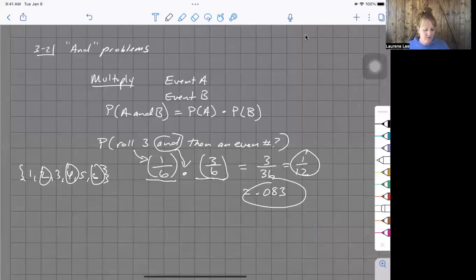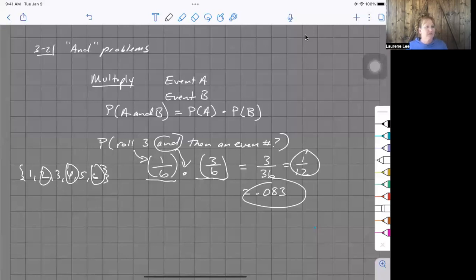For example, if I just ask the probability of rolling an even number, that's 3 out of 6, which is 50%. But because I add the constraint of "and roll a 3," my probability goes down to about 8%, which is significantly less. The more parameters you put on, the lower your probability is going to go.